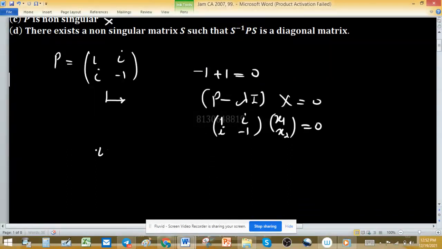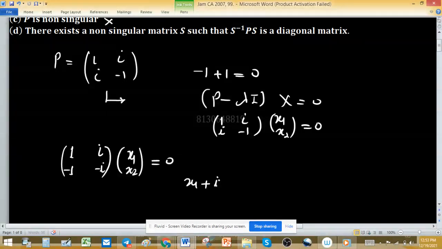Further simplify: we have 1, iota, and multiply the second row by iota, that gives you minus 1 and minus iota, and finally we have x1 plus iota x2 equals 0. It means that x2 is a free variable and x1 is a basic variable.